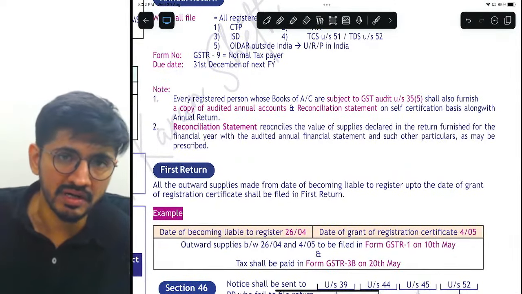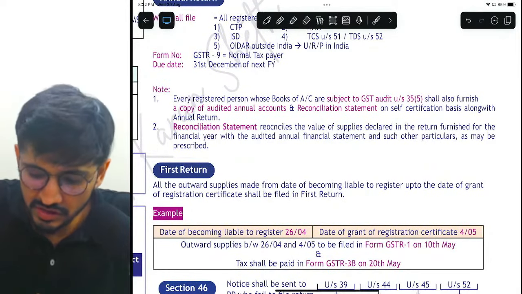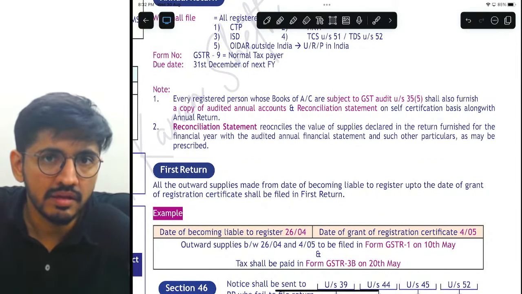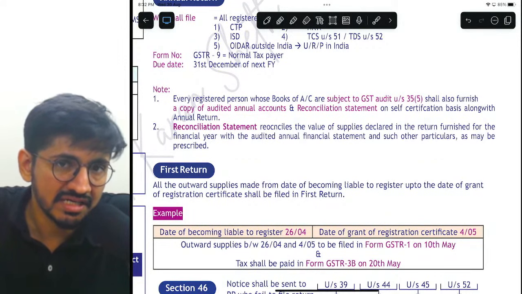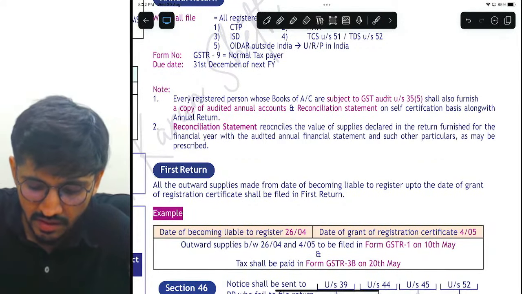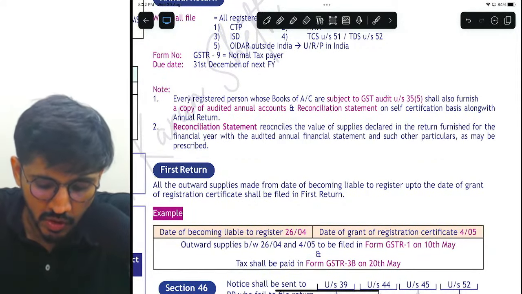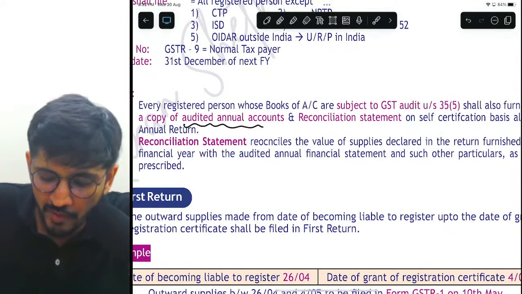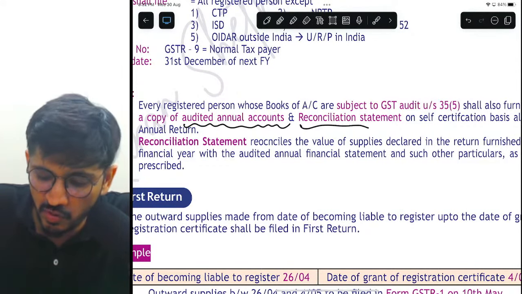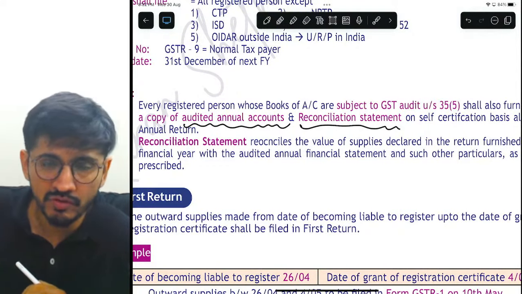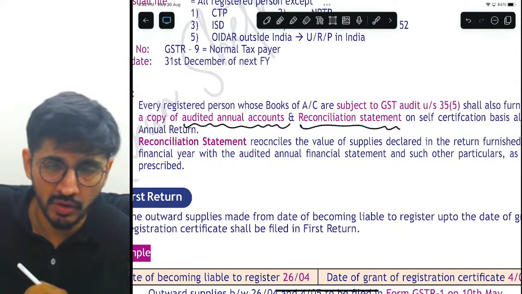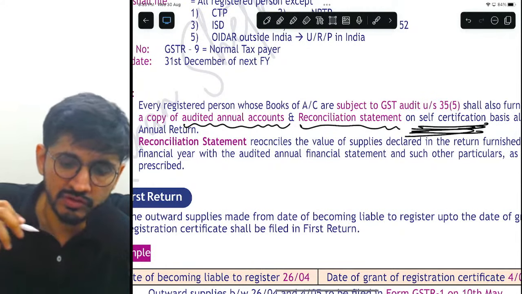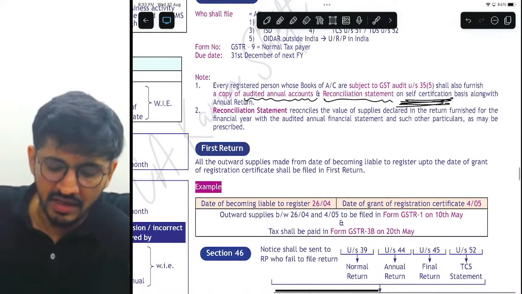Now it's very important for you to understand that when you cross a certain limit, understand GST audit triggers. When you are subject to GST audit, apart from annual return, you also need to file a copy of audited annual accounts and reconciliation statement. Initially, both of them had to be signed by a chartered accountant or a CMA. But now it's completely fine if you self-certify it, so you sign it by yourself, right?